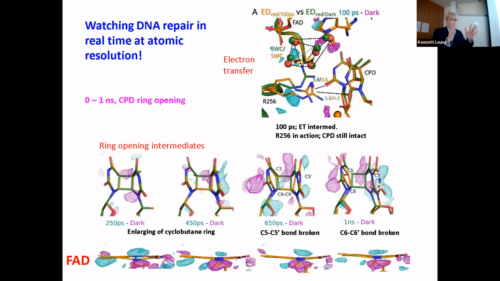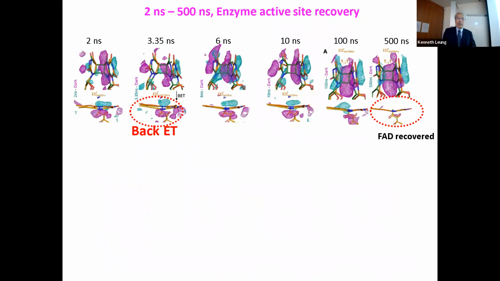The two bases, two thymines, are still there, but their distance increases by an angstrom or so. This is what I mean: when something matters, it is on the scale of angstroms, sub-nanometers. Now that's 1 nanosecond. So we think the reaction is complete in 1 nanosecond.